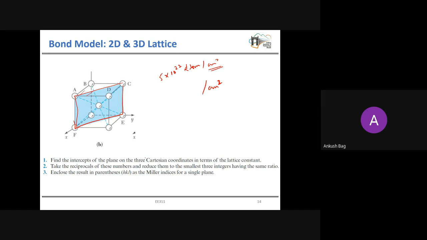What is this? First you need to find the intercepts of the plane with the 3 Cartesian coordinates in units of the lattice constant. Then take the reciprocal, find the smallest integers, and enclose them in parentheses such as (hkl).